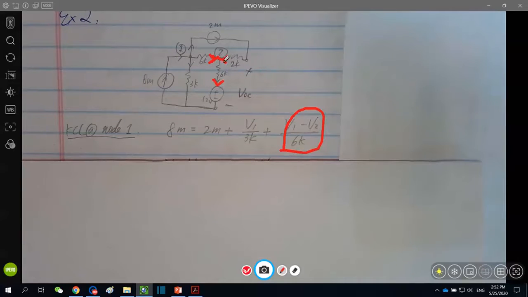And the current through 2 kilo ohm into node 2 equals what? If you read the circuit carefully, it equals nothing but this 2 milli. Same current direction. And the current through 6 kilo ohm equals V2 minus the voltage at this node divided by 6 kilo ohm.